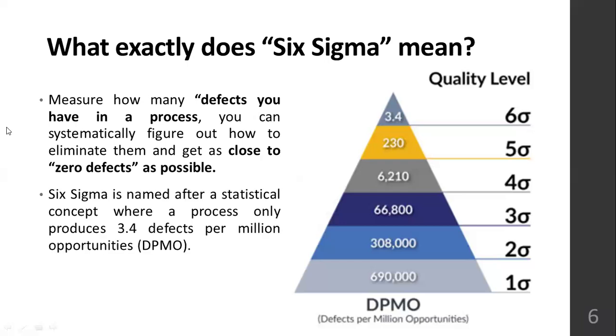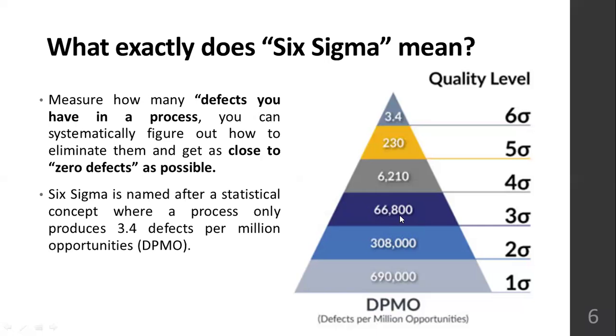So Six Sigma is named after a statistical concept, where a process only produces 3.4 defects per million opportunities, DPMO. For example, you have 1 million opportunities where things can go wrong, where an error or defect can take place.